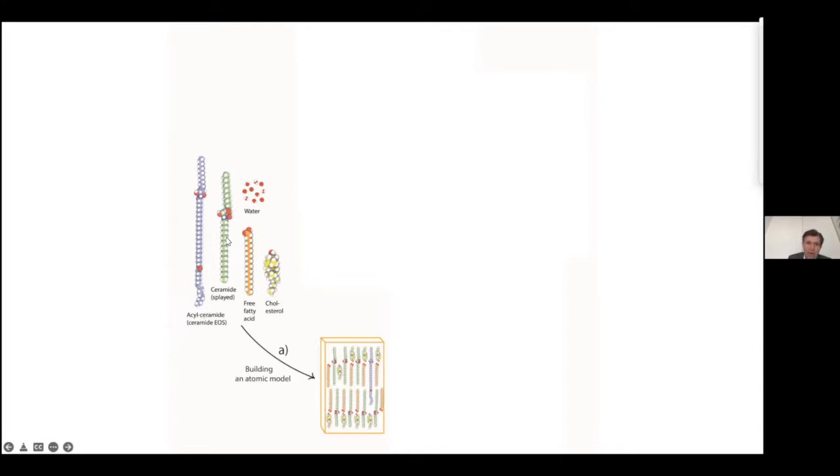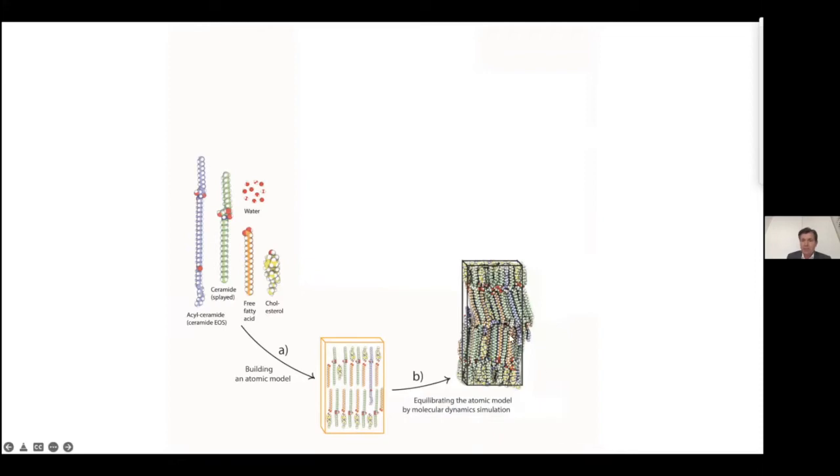So for every single atom, let's say this hydrogen atom, we calculate its interaction with all the other atoms in the system, which you can understand is an enormous calculation, and then it's redone every few picoseconds until the whole system is equilibrated. That is, it has found its optimal packing. Basically, it's a self-assembly. So it's done by molecular dynamic simulation.